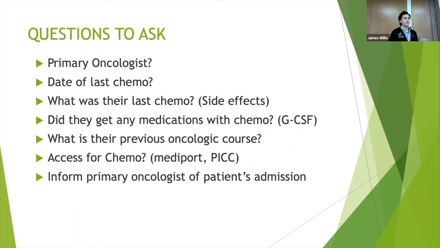And are they taking any medications like granulocyte colony stimulating factor? What's their previous oncologic course, and then where's their access? Understanding where they get their chemo and how they get it is going to be important. And of course, informing the oncologist basically as soon as they come into the ER if there is a concern.